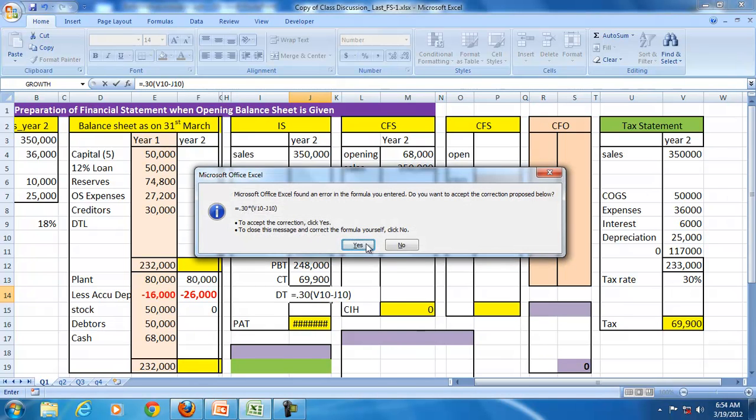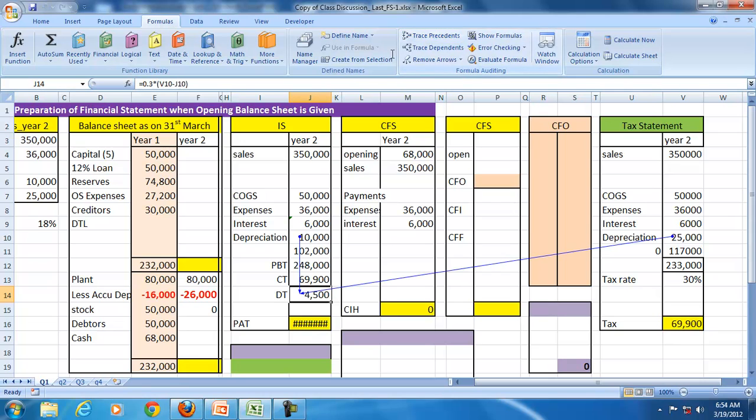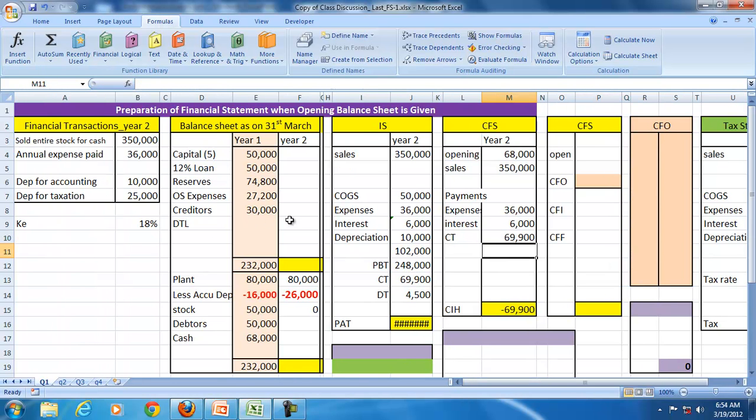So the timing difference is 4,500, and that is shown as the deferred tax, and the current tax is shown from the tax which is calculated as per the tax statement. But for the actual payment or the cash flow, the company is under obligation to pay the current tax, and the deferred tax is shown on the balance sheet as a deferred tax liability.